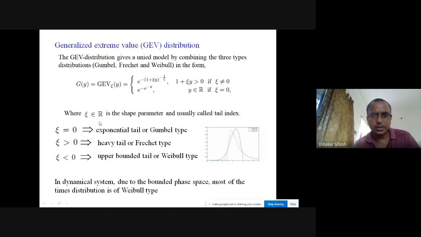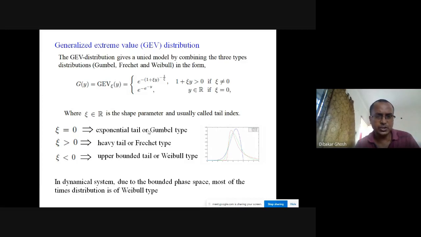Here xi is the shape parameter, also called the tail index. After normalizing or standardizing with the real location parameter and the scale parameter, G(x) or G(y) belongs to one of the three non-degenerate distribution families.